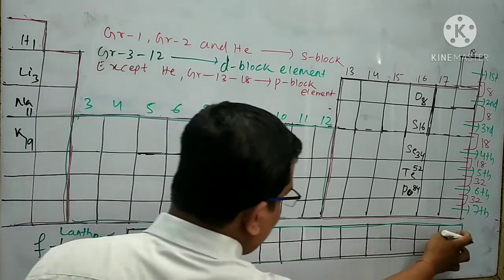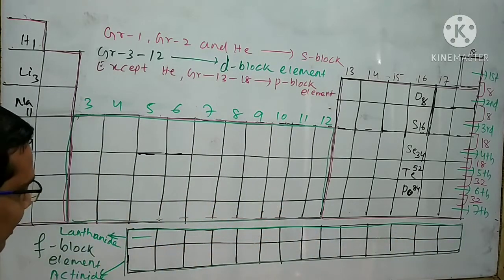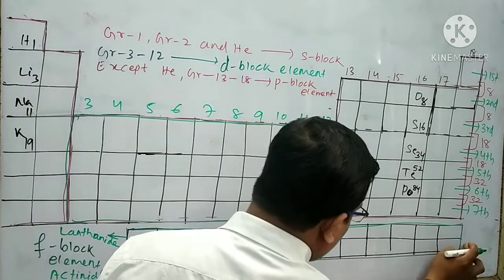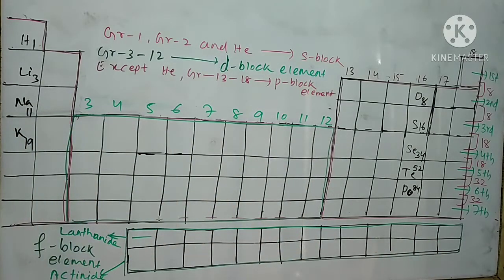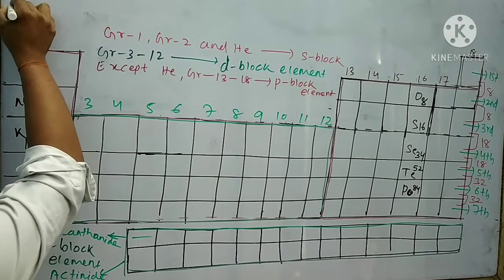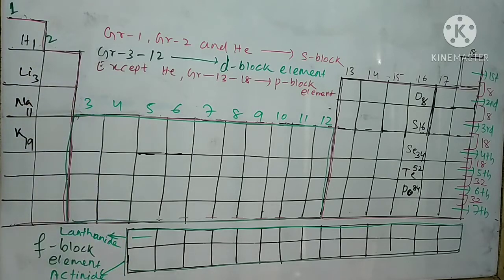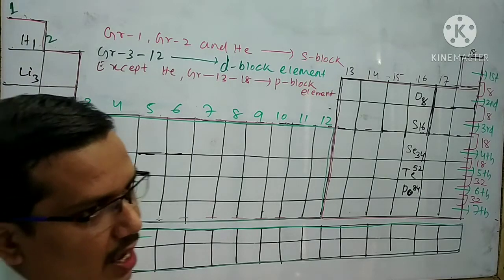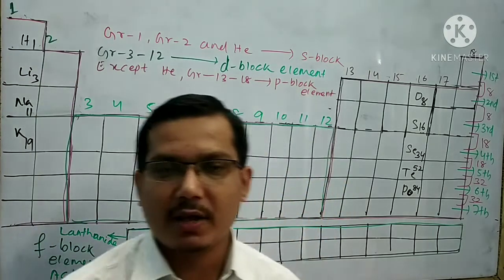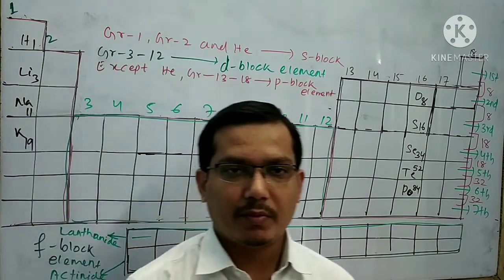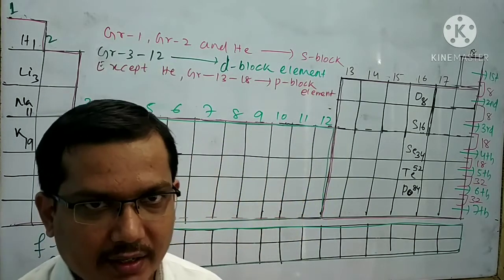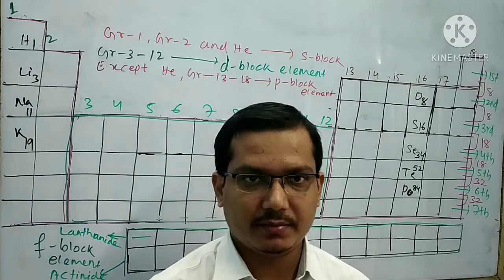These elements are called lanthanide series. These elements are called actinide series. This is your group number 1. This is your group number 2. Next, I want to explain the importance of group number of an element to their valency.